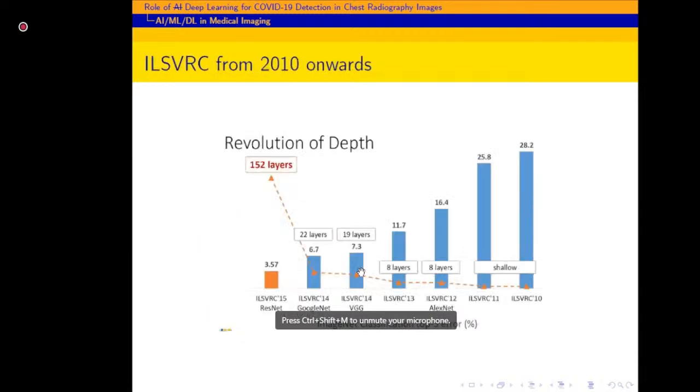We have already talked about what ImageNet is, and there was a challenge from 2010 onwards. Initially, for 2 years, in 2010 and 2011, the winning models were based on traditional machine learning.